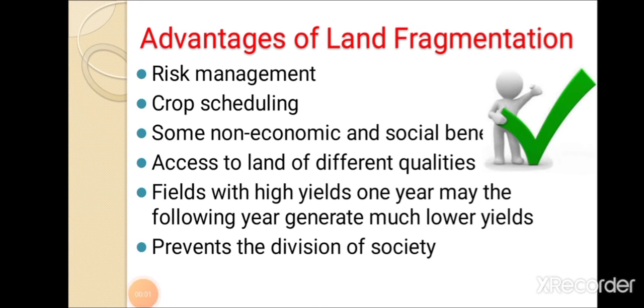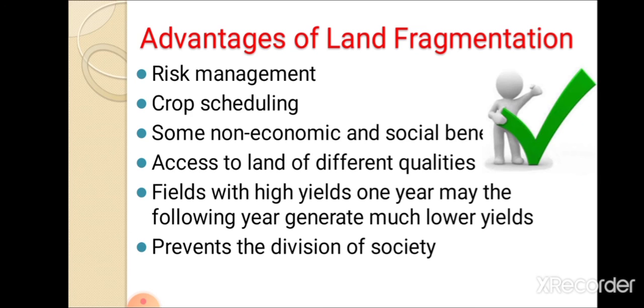Next advantage, some non-economic and social benefit of fragmentation, that is offered by the fact that scattered land is easier to distribute among their children. Next benefit, that is land fragmentation is associated with variety of soil and growing condition that reduce the risk of total crop failure.